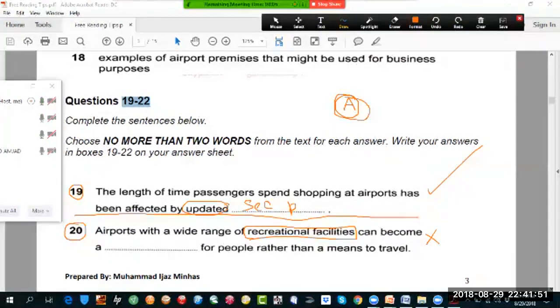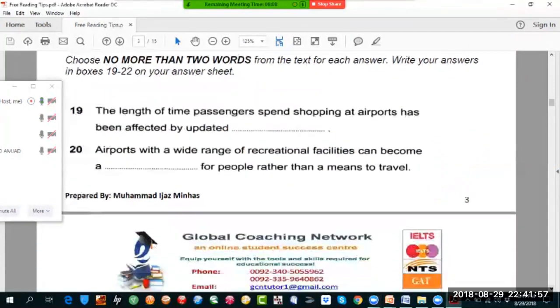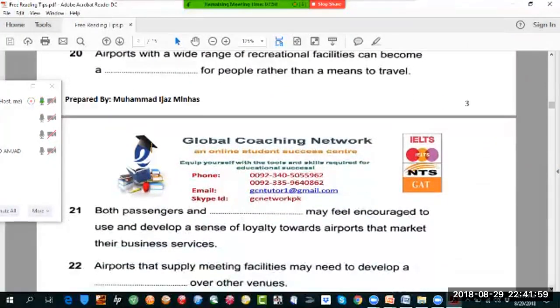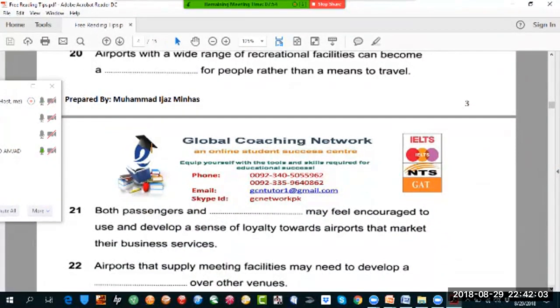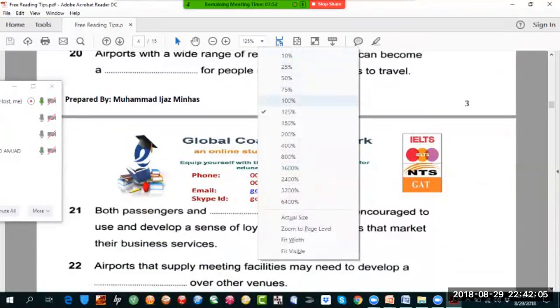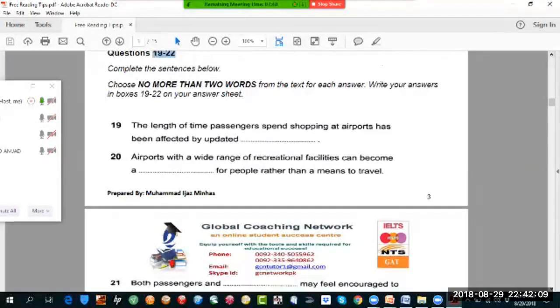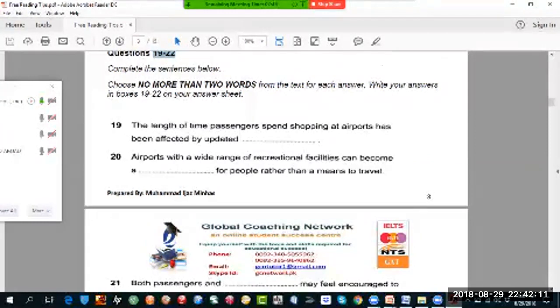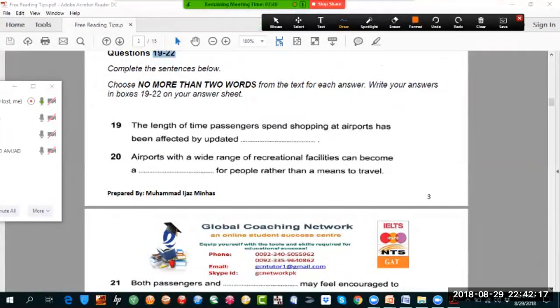So what do you think, if the answer to question number 20 is not in A, can we expect the answer to question number 21 in A? No. Why? Because there would be a sequence. These are sentence completion questions, and we know that sentence completion questions come in sequence.